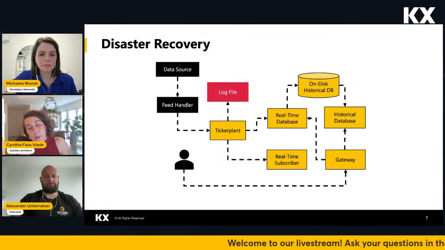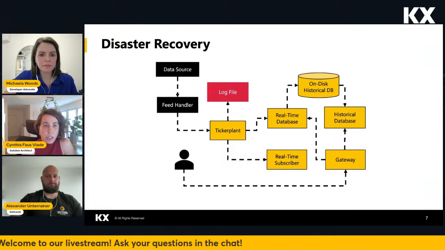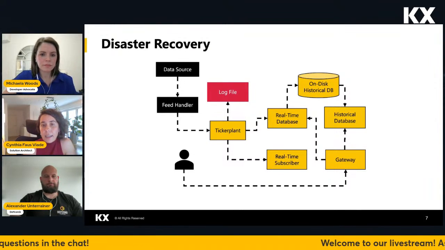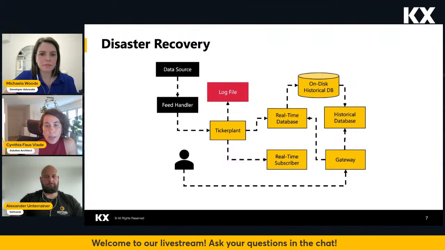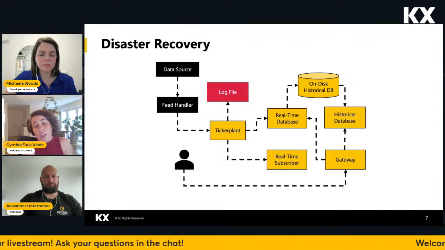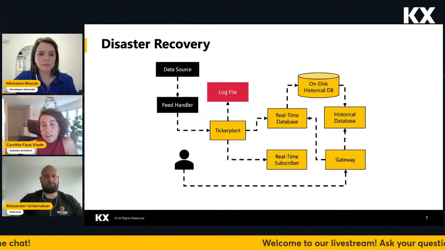But if we talk about, for example, a real-time subscriber, you may not be keeping any data in memory, or only a very small subset, like Alex was explaining earlier. So you may not want to replay the whole ticker plant log file. There are things you can do as part of the startup of that process to define what your recovery logic would be. So there's a lot of flexibility here on what you can do.